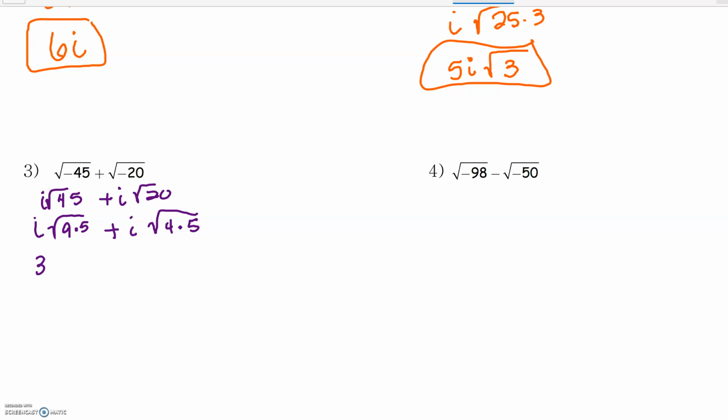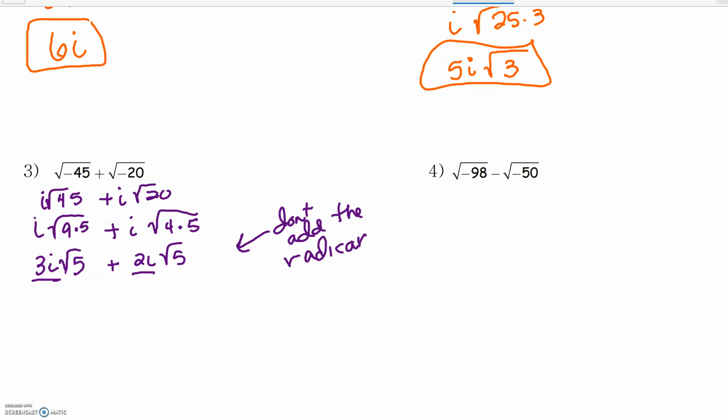So this becomes 3I radical 5 plus 2I radical 5, and since they both have the same radicand, we can combine these. Now we don't add the radicands. We can only add their coefficients. So 3 and 2 makes 5I radical 5.